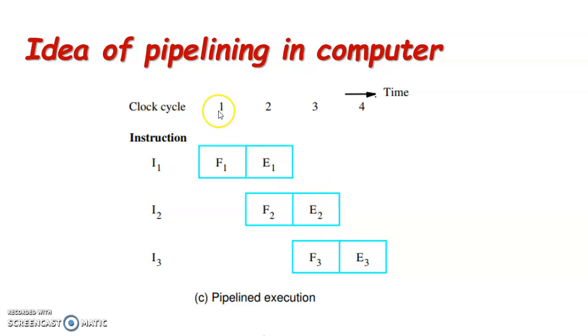In the first clock cycle, the fetch unit fetches the first instruction and stores this instruction in the buffer B1. In the second clock cycle, the instruction fetch unit proceeds with the fetch operation for the second instruction. At the same time, the execution unit executes the first instruction, which is now available at the interstage buffer P1.